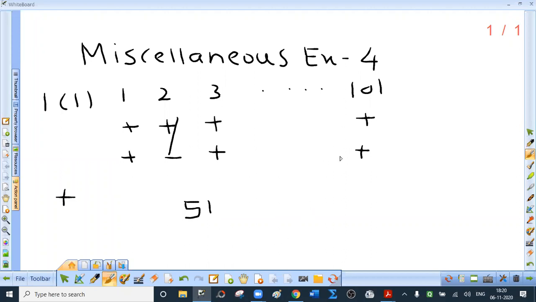So what is the correct option? The correct option is B, Bombay. I hope you understood this. Don't say that we will expand this, we will write 101 terms. You have to solve this in 108 seconds, not 108 hours or minutes, right? So B, Bombay is the correct option.